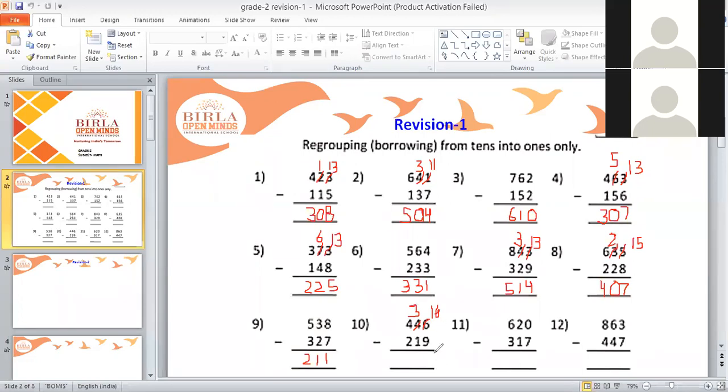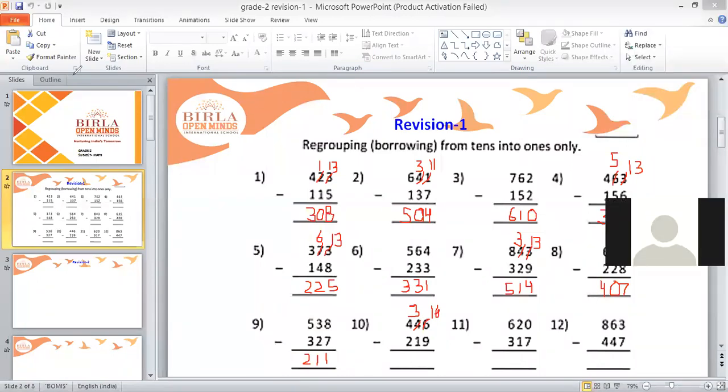So now tell me, 16 minus 9, how much? Start counting after 9 and count till 16. Tell me fast. Supratik, quickly. I'm waiting. 7, ma'am.